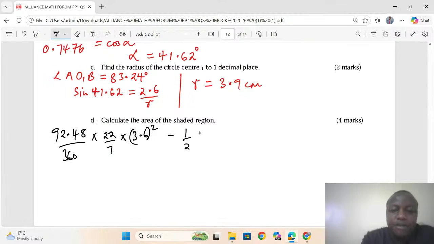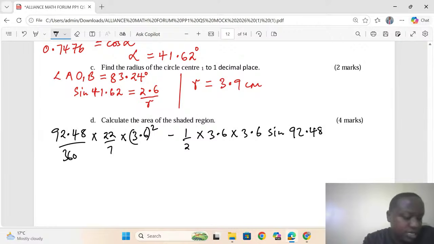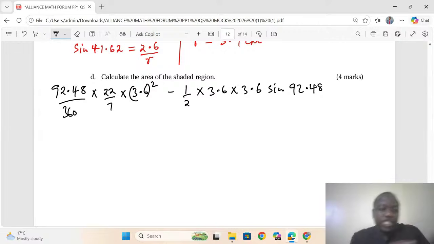So we need half multiplied by 3.6 times 3.6, the sine of the angle between, 92.46. For the sector, that is over 360 multiplied by 22 over 7 multiplied by 3.6 squared. I'm getting 10.46.